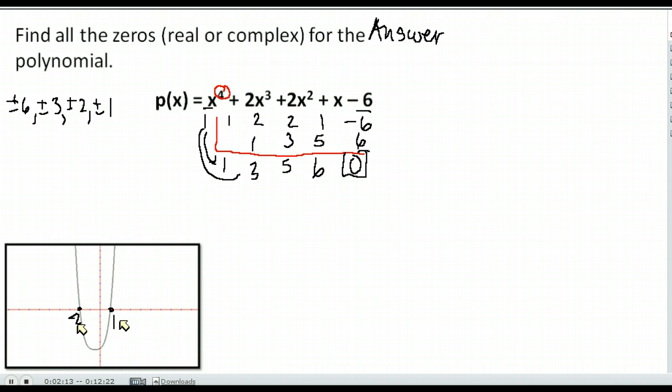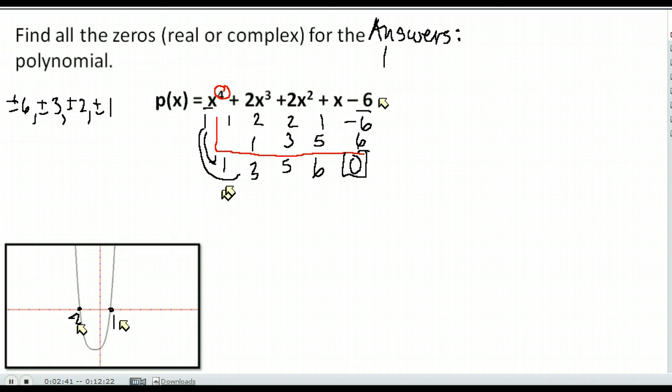Up here I'm going to write down my answers as I go. 1 is an answer. Now at this point you do not want to go back up to x to the 4th plus 2x to the 3rd, our original polynomial, and do division with negative 2. You don't want to do that because it's not going to help you out any. What you want to do is notice here, when we divide 1 time, that drops us to a 3rd degree polynomial.